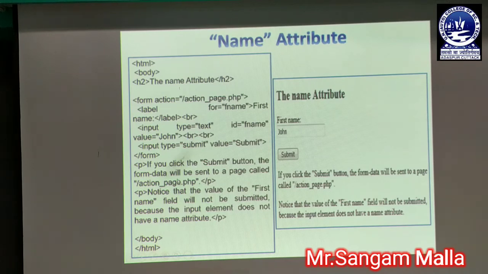Next we will be reading the notes on what is the use of the name attribute. In the first paragraph, if you click the submit button, the form data will be sent to a page called action_page.php. As we have discussed before, whatever data is collected from the web page and we want to transfer to a page on the server side, we transfer it with the help of the action attribute of the form tag.